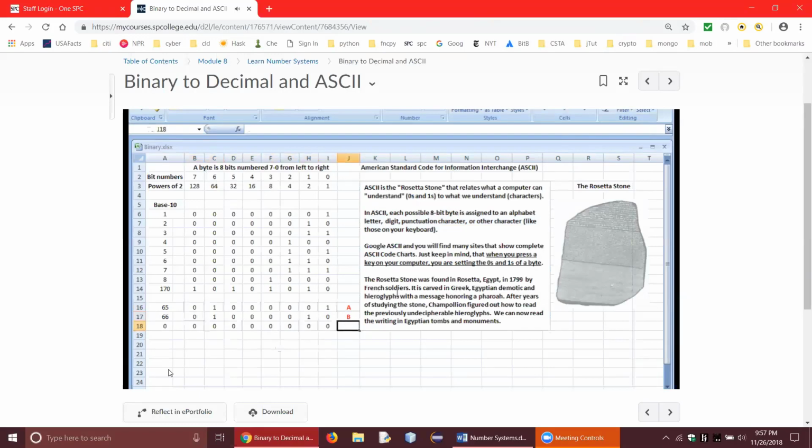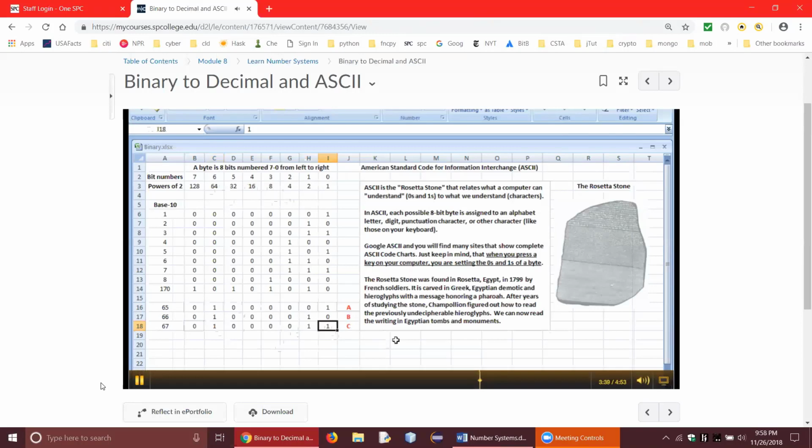And similarly, to get capital C, that's 1 plus 2 plus 64, 67. You see why that's 67, 64 plus 2 plus 1, referring to these numbers up here. I'm adding up the powers of 2 for the bits that are on.